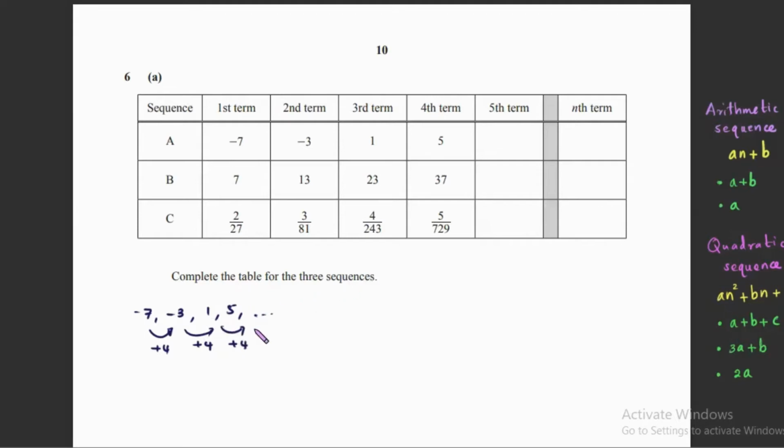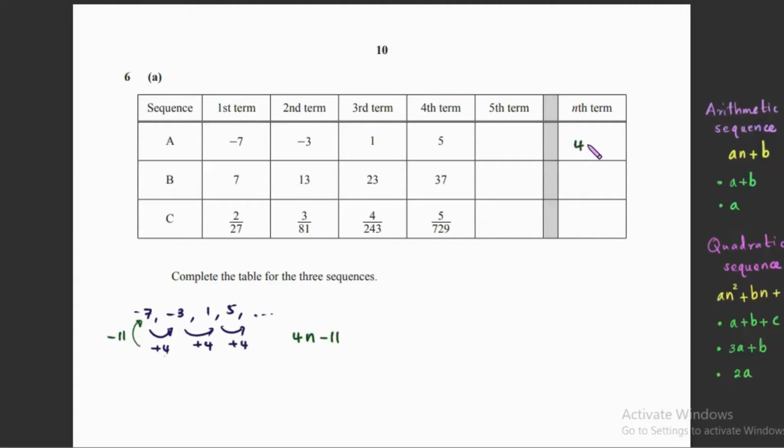So in this case, we can form the first part of the nth term, which is going to be 4n. And as we have a 4 here, we need to see how much more I should add or deduct to get to this -7. In that case, we need to deduct 11 from this 4 to get to -7. So this -11 gets combined with 4n.